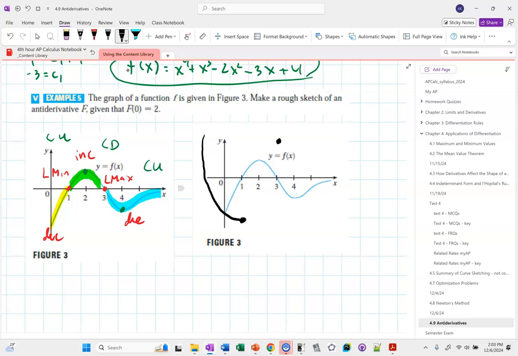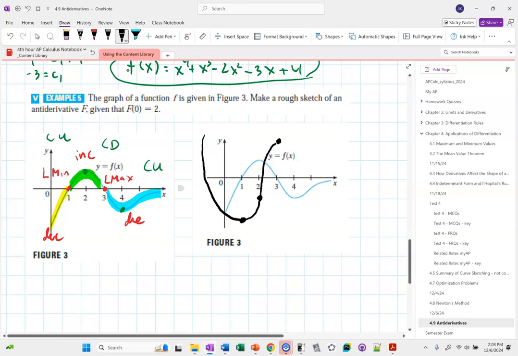And then we're going to change here, still being concave up to 2, but we need to change to increasing. At 2, we're going to switch concavity. Let's try to do a little bit better than that. Right?